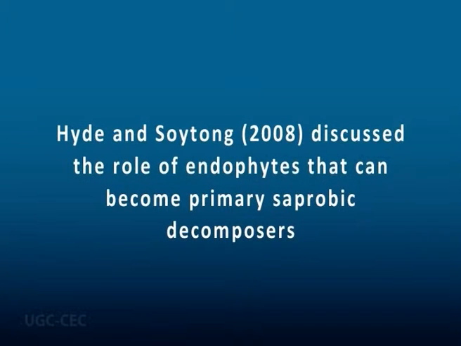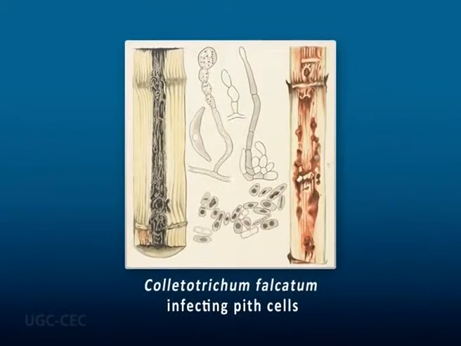Hyde and Soytong in 2008 discussed the role of endophytes that can become primary saprobic decomposers and act as latent infectious pathogens that cause diseases under specific conditions. In Colletotrichum falcatum, the mycelium is found in the parenchymatous cells of the pith.